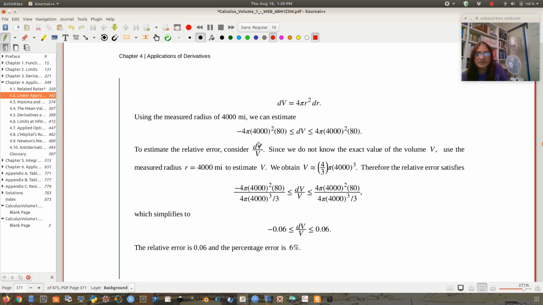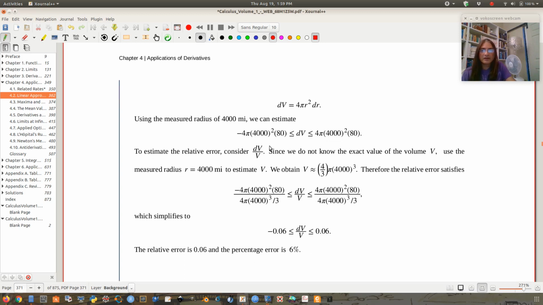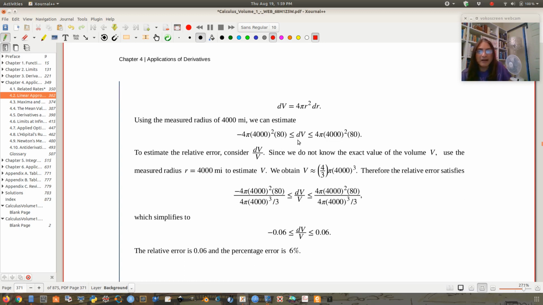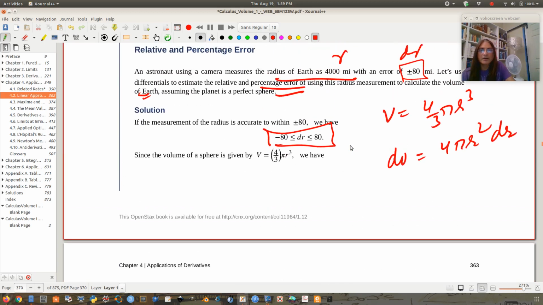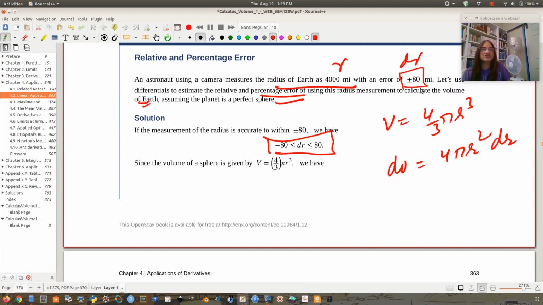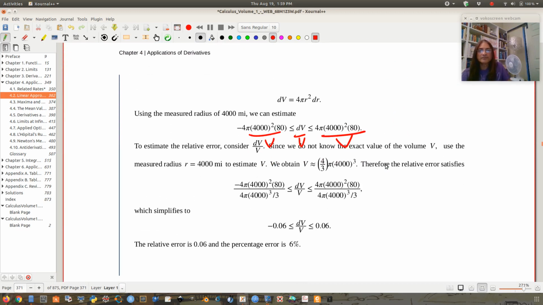So dv is this. Then to get the relative error, you divide by v. But the thing is, our v is not accurate, because our nominal value is 4000 with an error of plus minus 80. So for relative error, we can use 4 by 3 pi r cubed, where for r you take 4000, and divide by that.